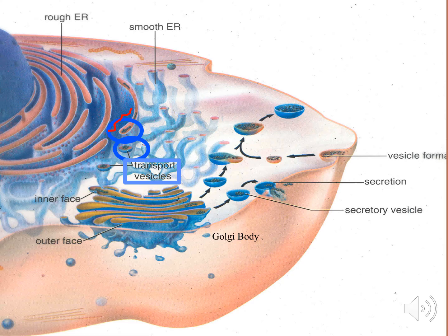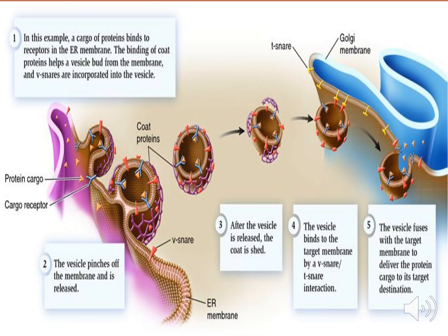Well, it's going to transport the polypeptides off to a new destination, and that destination happens to be the Golgi body, or the Golgi apparatus, as it is called, these craters. How are the transport vesicles pinched off? Well, there's other proteins that come in and basically form a cage around it and pinch it off by using this cage.